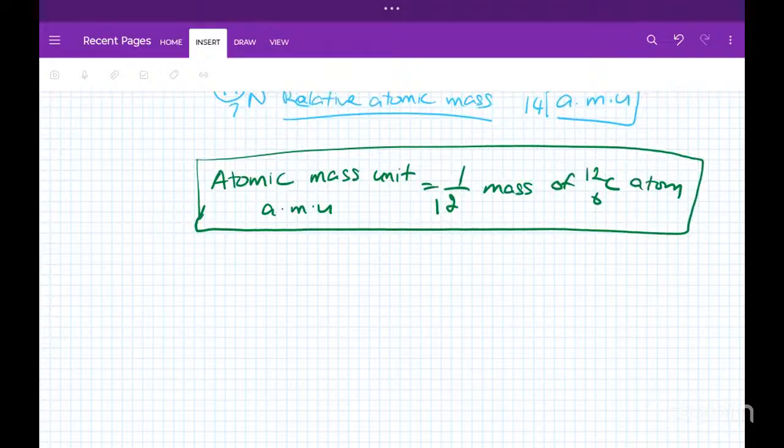So let's do some examples on this one. Otherwise, we can't solidly understand this concept. So write the first question, number 1.